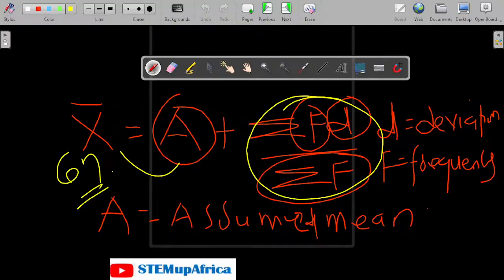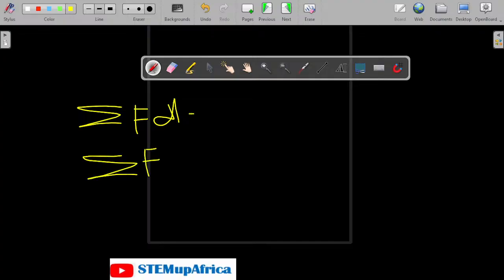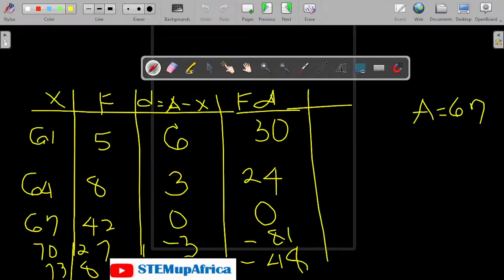So if you go back to the formula we wrote earlier, we have gotten all the information we needed. So now we can calculate the mean. First of all, I'll find summation FD and summation F. Summation FD means I'm adding everything here.